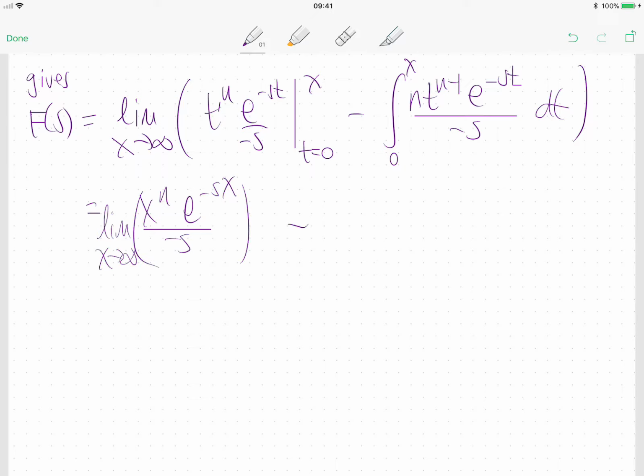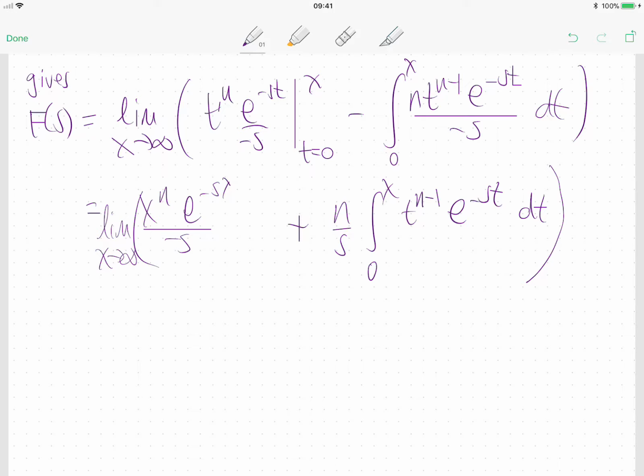That's our first term. The second term, well, I think we need to do a bit of tidying up here. I can see there's a negative, and this is an integral over t so I can take some constants out. I'm going to take out the n and the s, leaving me with t to the n minus 1 e to the minus st dt, and I need the limit to go to infinity, so I think I'll do it all in one go.